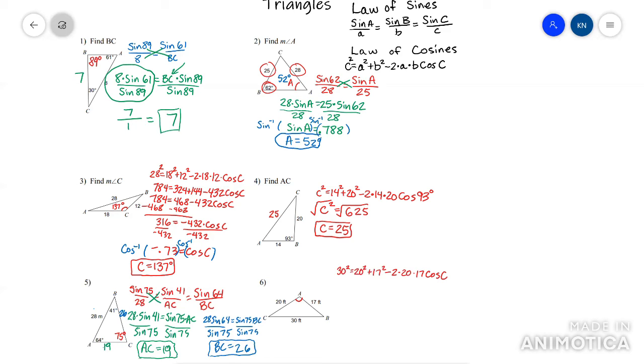All right. Now, you're going to work this out. So it's going to be 900 here. This is 400. This is 289. This is 680 cosine C. So go ahead and add up 400 and 289. That would be 689.